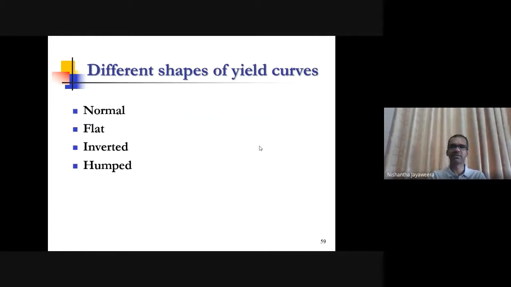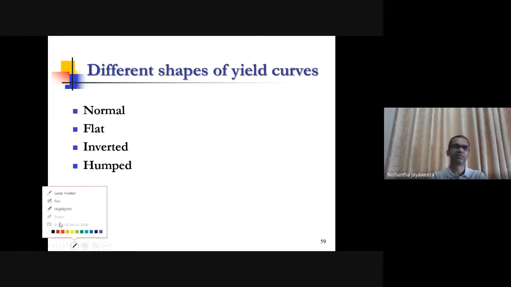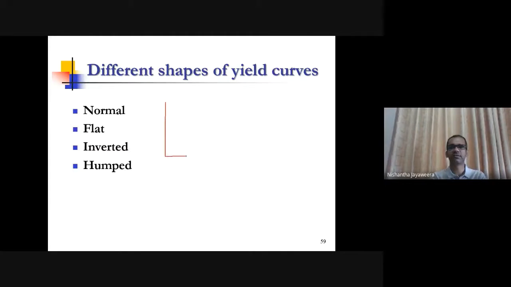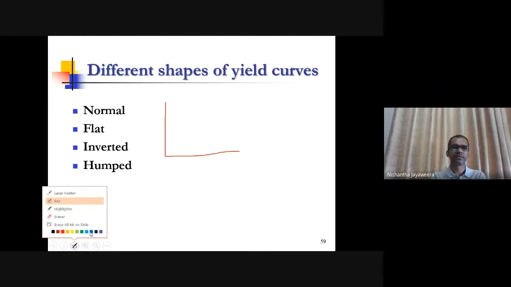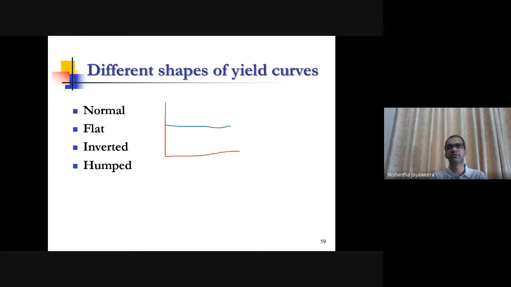That means whatever the maturity, yield remains the same. This is a flat yield curve.